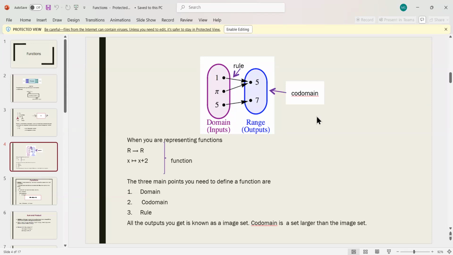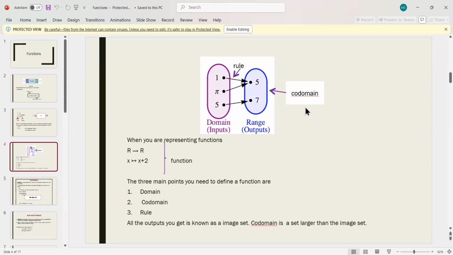Codomain means it's also a set, a larger set than the output set or the range or the image set. It also contains other values, and also contains this output set. The three main things you need to define a function are the domain, the codomain, and a rule.